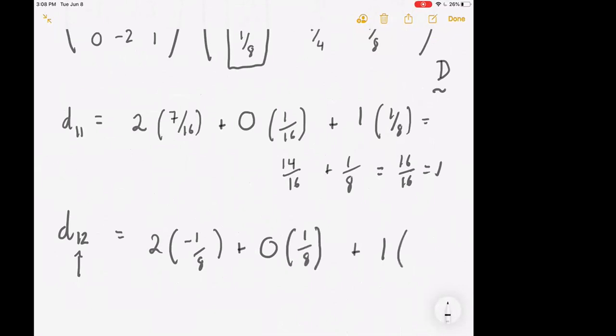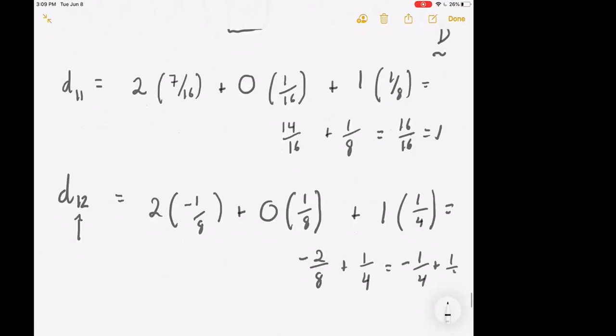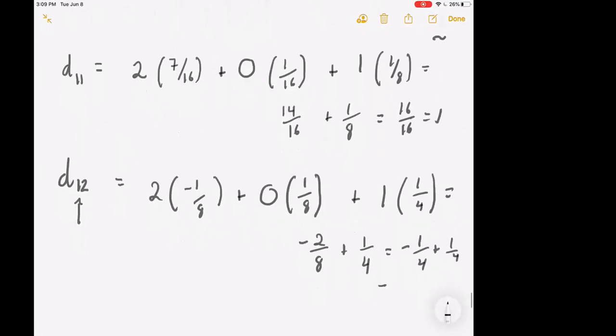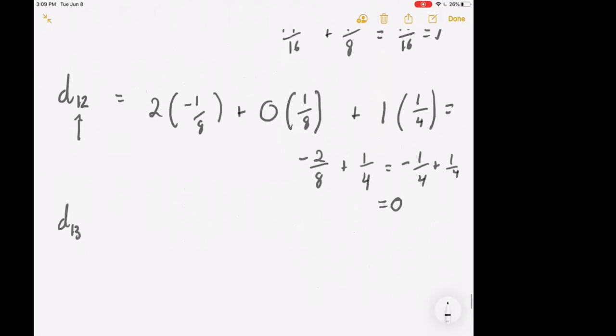Put a plus sign there. Positive 1 over 4. So this is going to give me minus 2 over 8 plus 0 plus 1 over 4. That's minus 1 over 4 plus 1 over 4. And that's 0. Trust me, you want to go through the detail and the diligence of spelling this out because you want to avoid arithmetic errors and transcription errors.